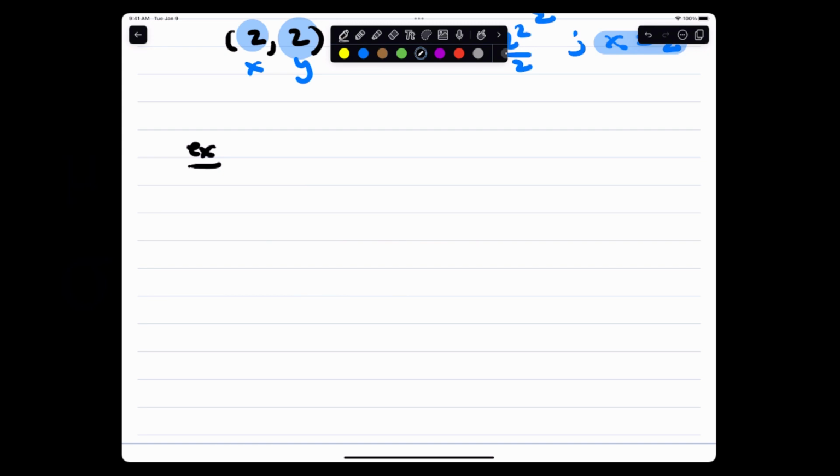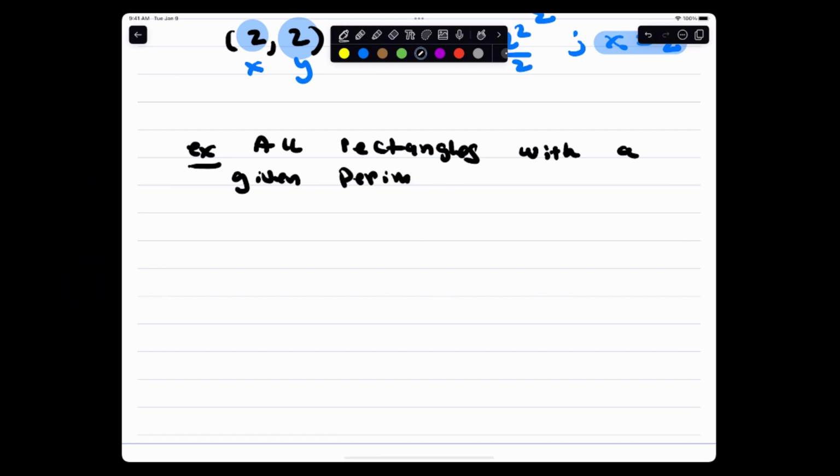Okay, let's see. Here's another example. All rectangles, your book says, with a given perimeter, okay, whatever that means.